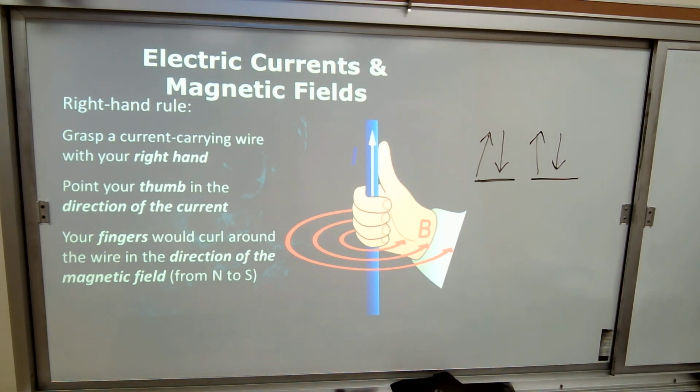Yeah, the key word there, your fingers would curl around the wire. But your thumb would obviously be in a straight line, your thumb goes straight with the current. But the right-hand rule can do a little bit more than this, which we'll see later. Not today.